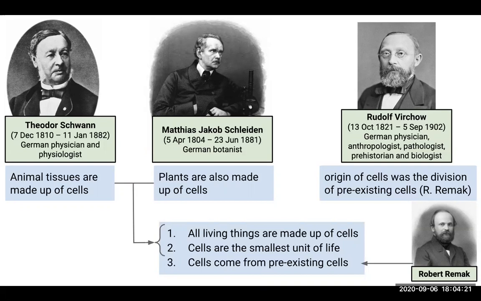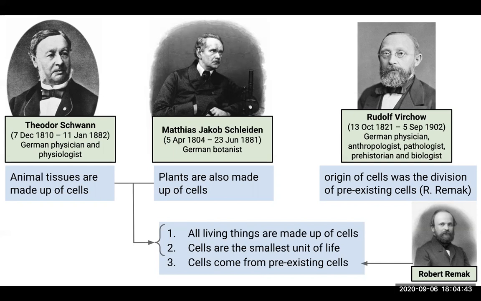Every single plant is made up of cells. And upon hearing that, Schwann thought about the animal tissues that he had observed. And he also thinks that animal tissues are made up of smaller structures, and they are also called cells.